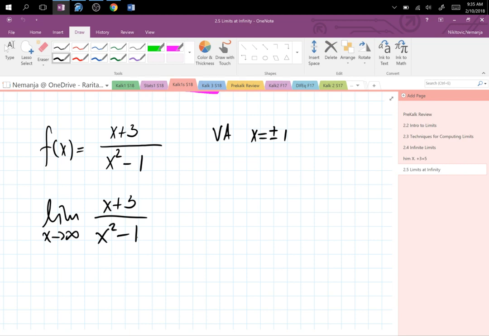Figure out what your highest exponent term is, and you divide each term by the highest exponent term. Highest exponent term is clearly x squared. So, in the next step, you are going to divide each by x squared.